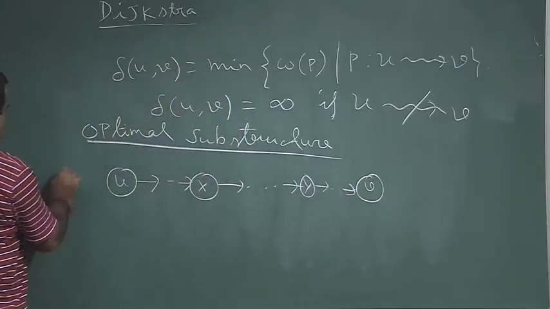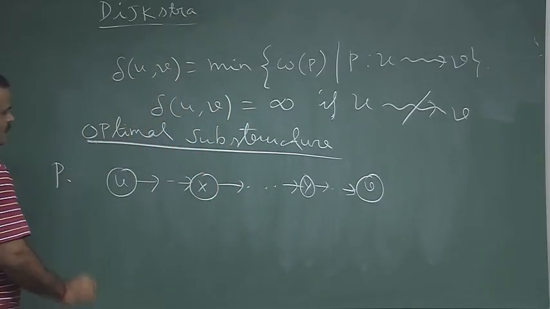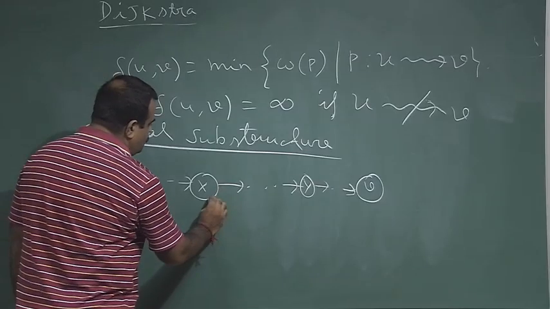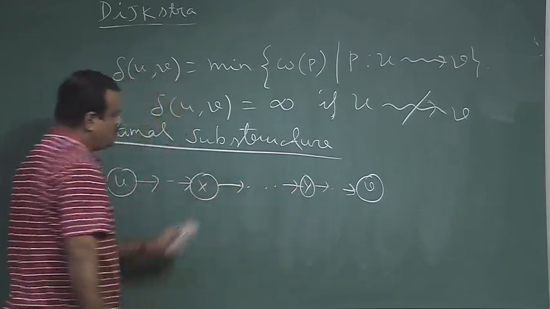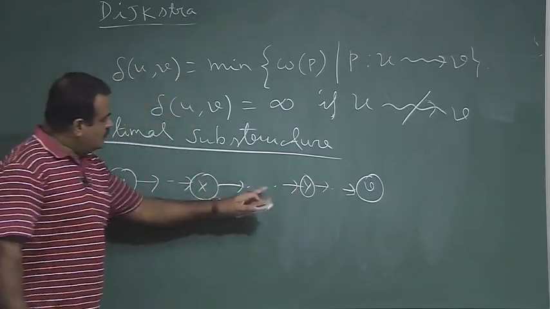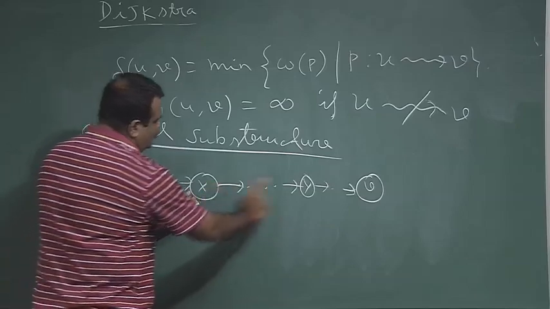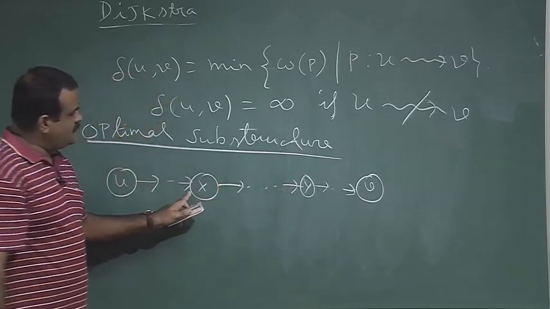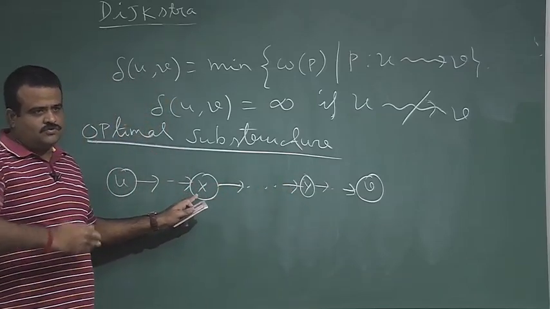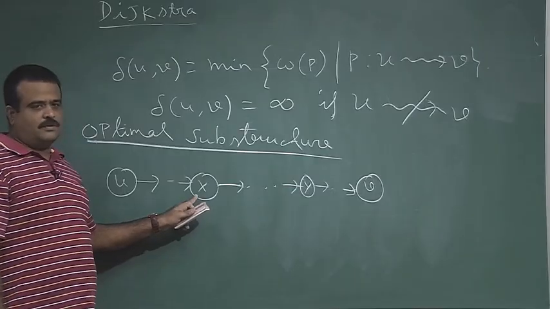Suppose this is the shortest path from u to v. Now, if you take this path from x to y, then this path will give us the shortest path between x and y. If this is true for all nodes, then this is called optimal substructure.